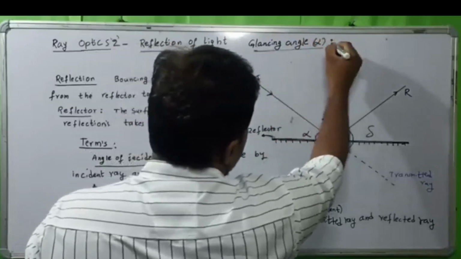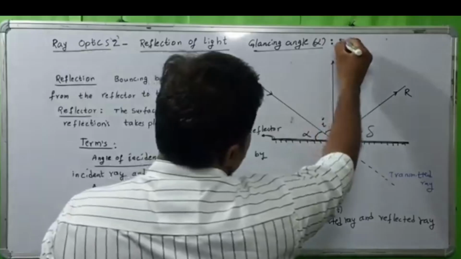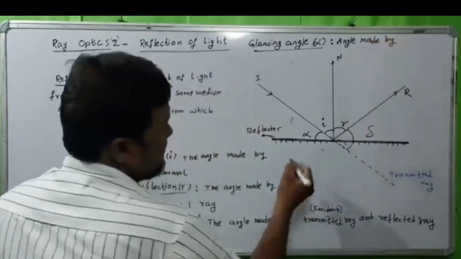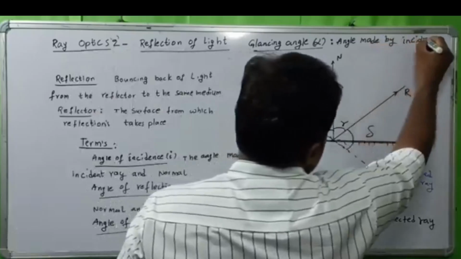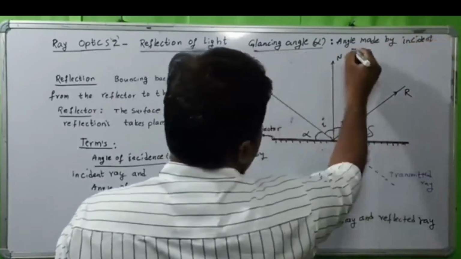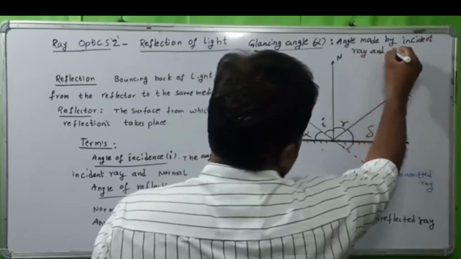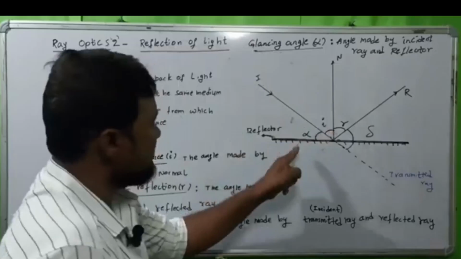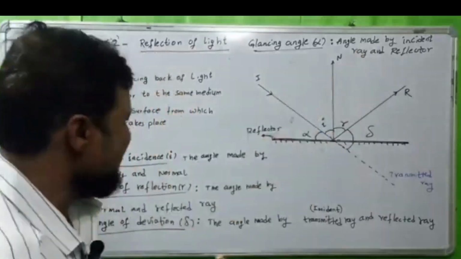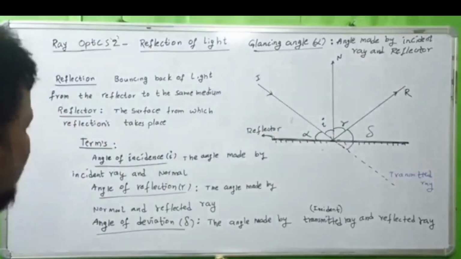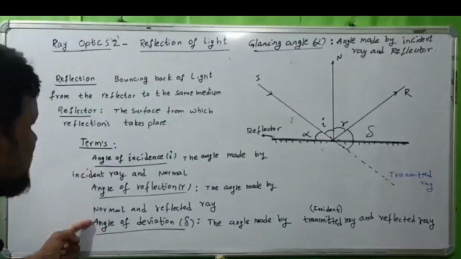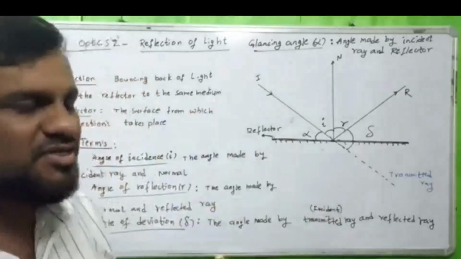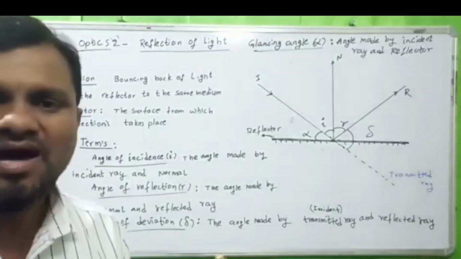The angle made by the incident ray and reflector is nothing but the glancing angle. These are very important terms we should know so that it is easy to analyze the behavior of light in any kind of situation.